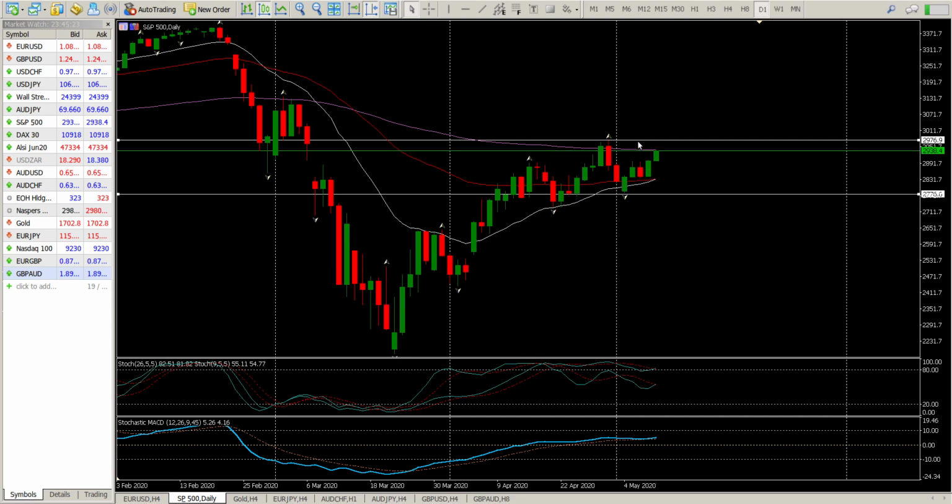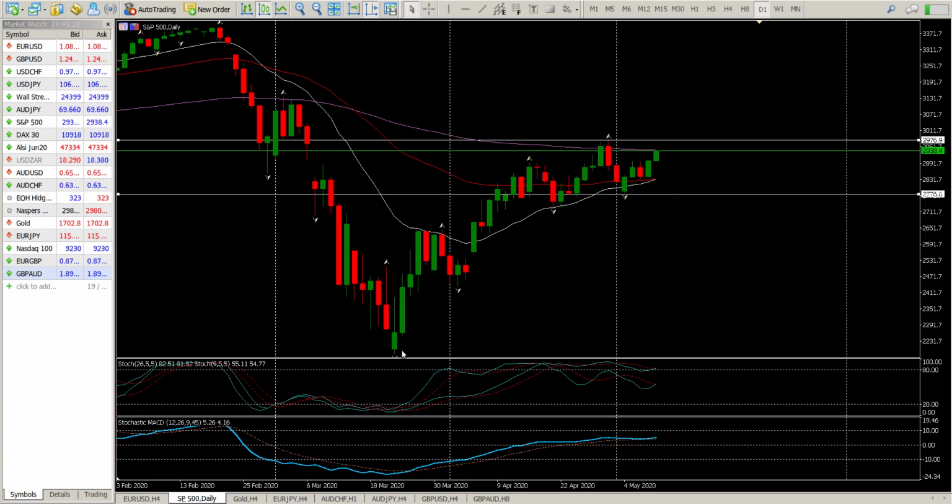Okay, so a break above 2976, or let's say 2977, a break up there and a daily close above there gets me into full-on bullish mode, and a break below 2777 gets me back into a bearish bias. At the moment, for as long as we're sitting in between these two levels, I'm pretty neutral.